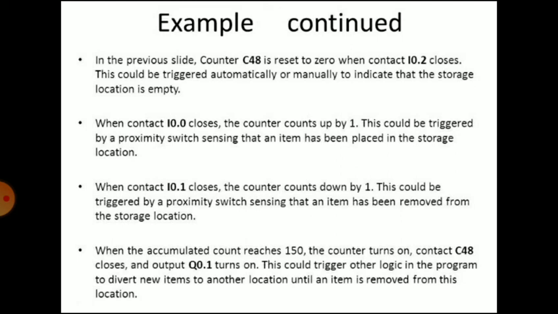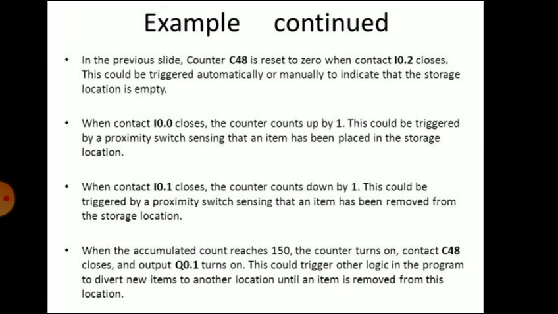When the accumulated count reaches 150, the counter turns on, contact C48 closes and output Q0.1 turns on. This could trigger other logic in the program to divert new items to another location until an item is removed from this location.